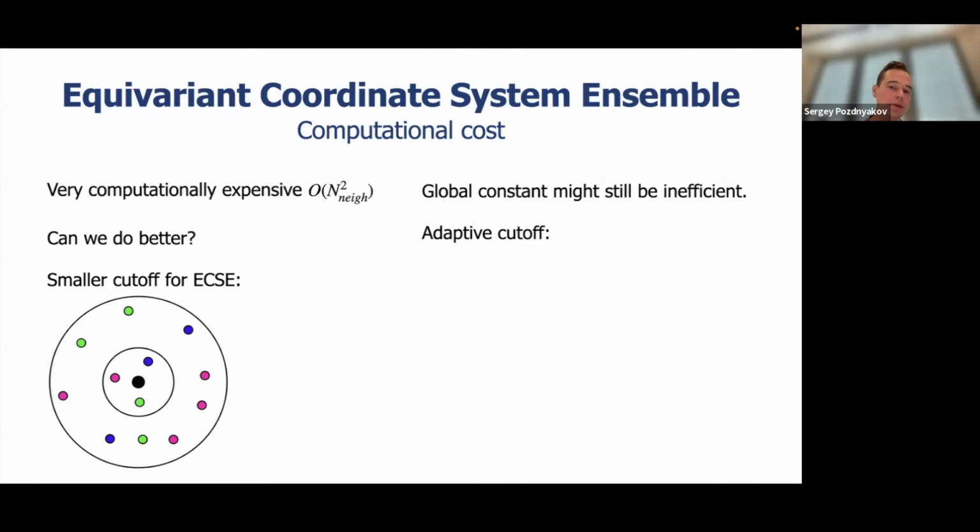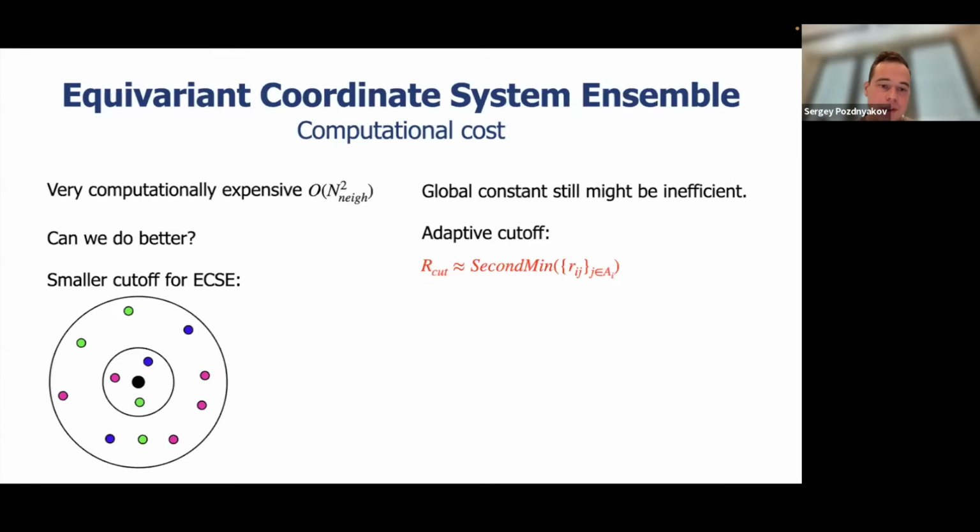So instead of being a global user-specified constant, we can have some function. Our cutoff is a function which depends on our current atomic environments, and it adjusts to the current atomic environments. So how would we define such an adaptive cutoff?